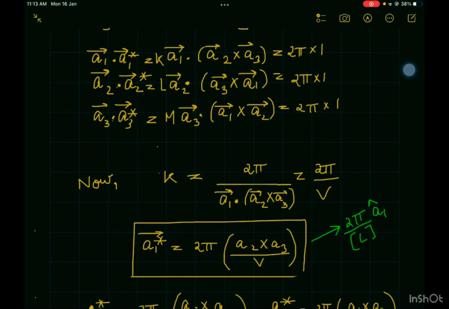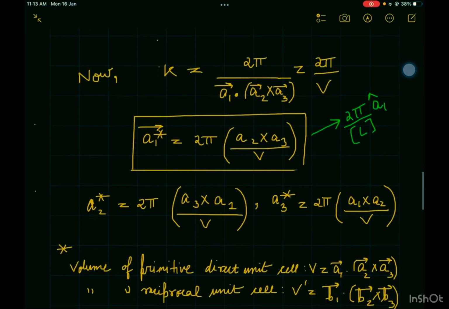You will find that l and m are equal to 2 pi by V as well. Thus, we can write a1 star, a2 star and a3 star as follows. But it's very important to keep in mind that the dimension of each of these vectors is inverse to that of length, and the direction of these vectors actually points towards a1. For a1 star it points to a1, for a2 star it points to a2, for a3 star it points to a3.